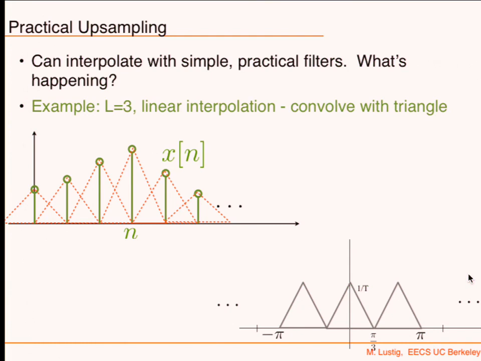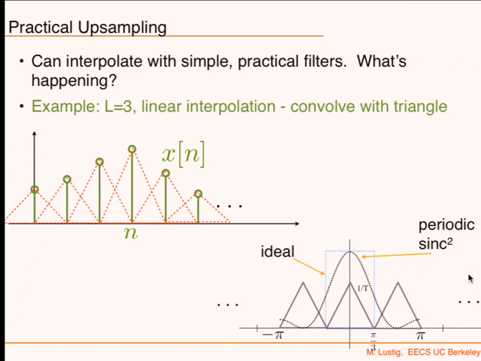But what happens when you actually do a linear interpolation? Instead of multiplying with a rect, you'll be multiplying with a Fourier transform of a triangle as opposed to a Fourier transform of a sinc. So effectively, you're filtering it by multiplying with a Fourier transform of a triangle, which is a periodic sinc squared.